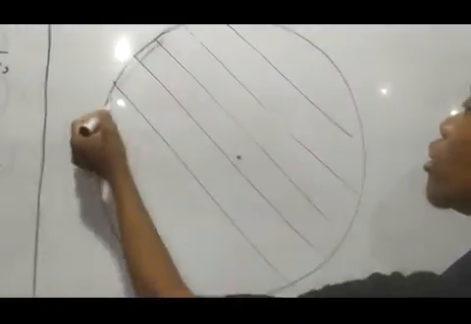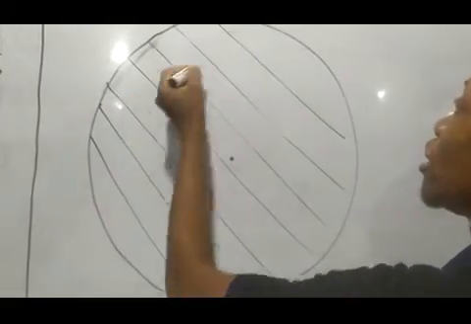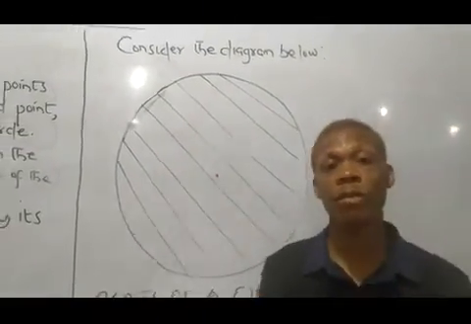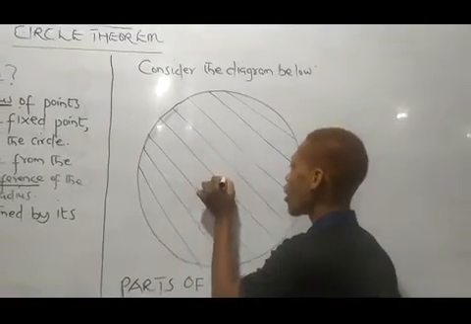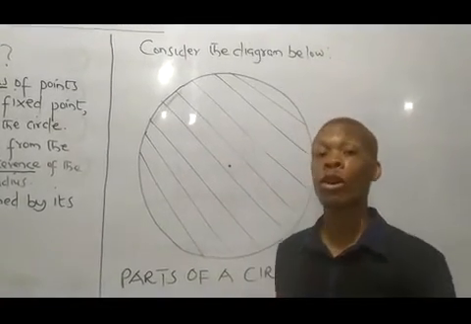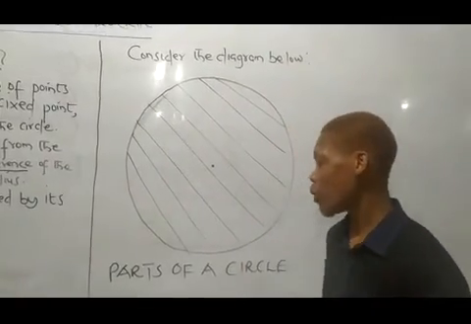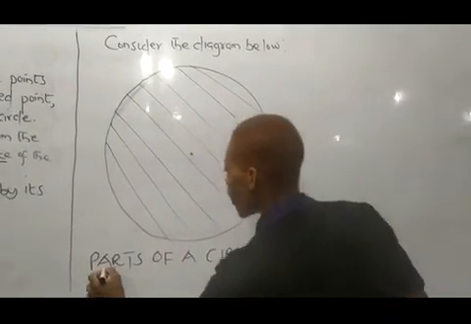This whole region is the circle. This is what we mean by circle, the shaded region. And this here is the point, or the center of the circle. Now let's look at parts of a circle.